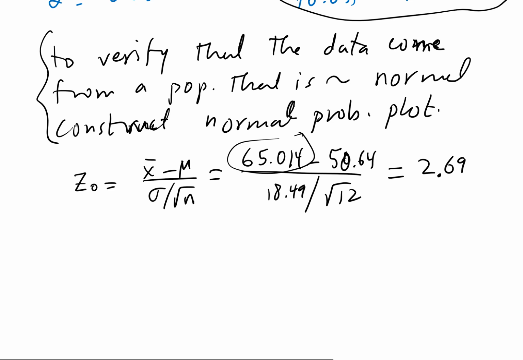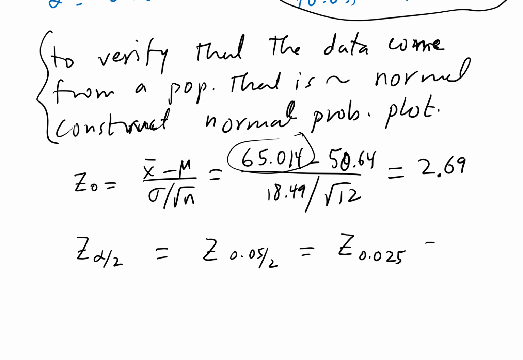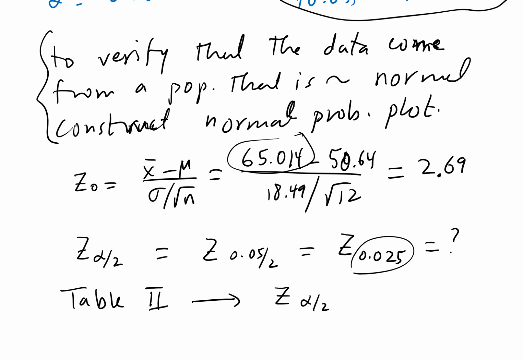So now we need to find the z value. In this case, it's not going to be just z alpha, but it's going to be z sub alpha over 2. So alpha is given 0.05 over 2, that becomes z 0.025. What is that going to be? Well, let's use table 2, in the body of the table, to look for this number, and you will find that the z value is 1.96.